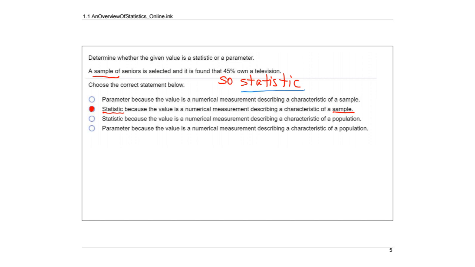The second one says a statistic because the value is a numerical measurement describing a characteristic of a sample. That sounds pretty good. The third one says a statistic because the value is a numerical measurement describing a characteristic of a population. Nope, that doesn't work. We don't want a population with statistic, and then the last one's parameter. So we already knew because it's a sample that it's going to be a sample statistic.